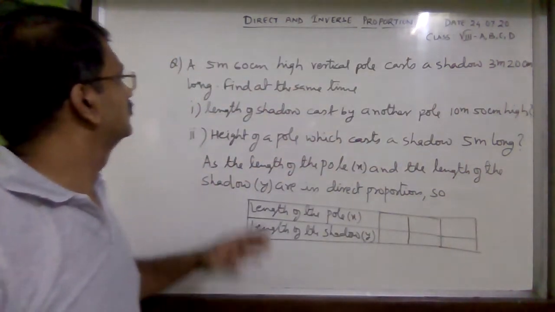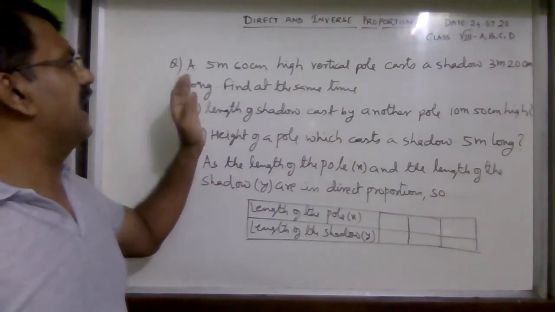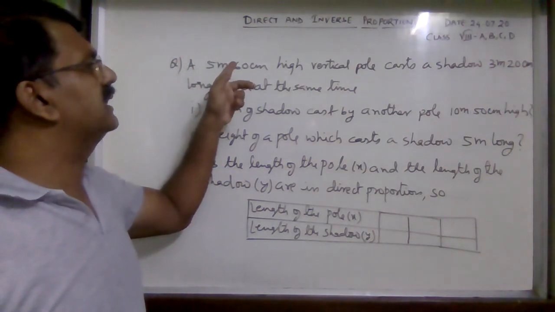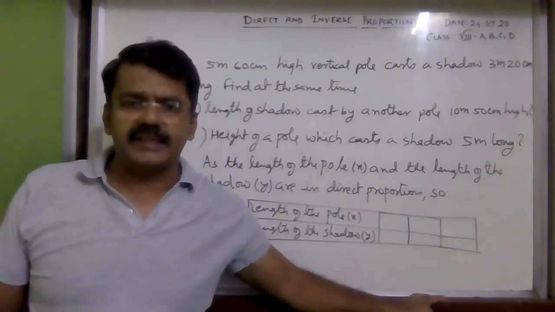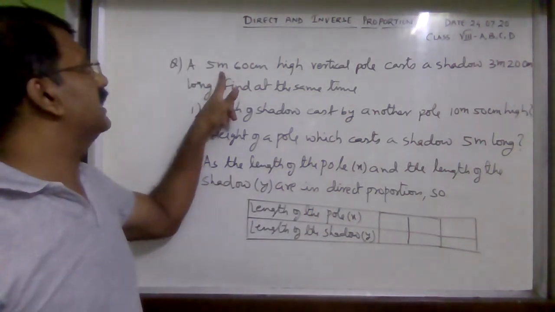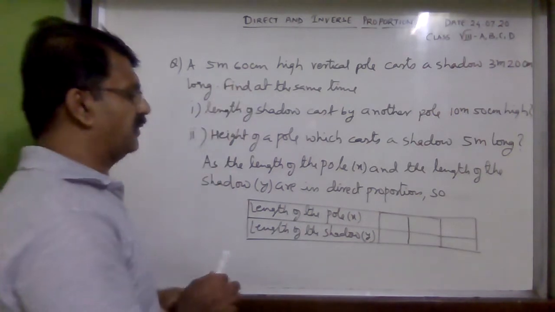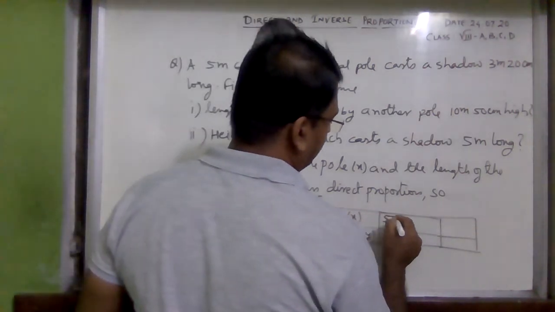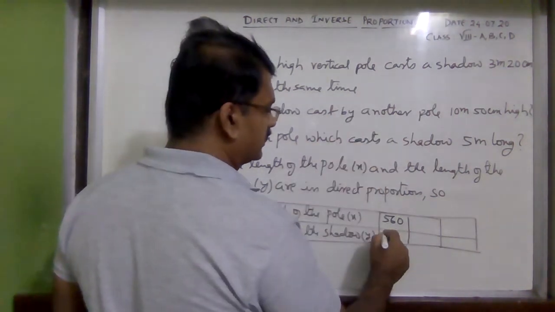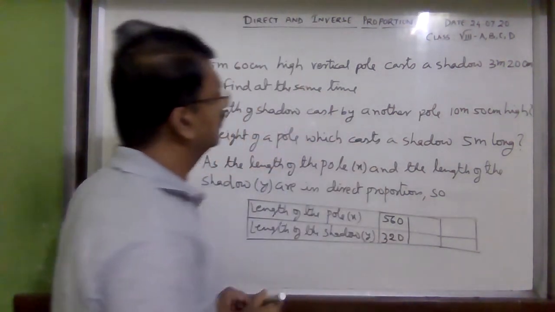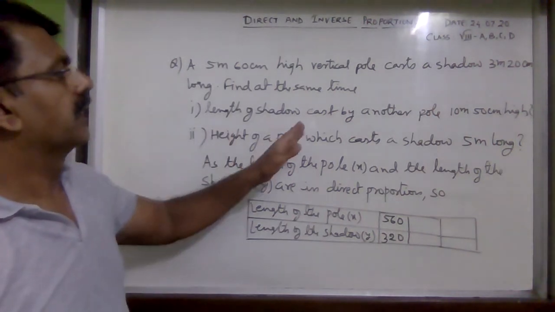Now you see, initially they have given the height of the vertical pole is 5 meter 60 centimeter. You convert the entire thing in centimeters. So 5 meter means 500 centimeter plus 60, so 560. You write 560 here. And the length of the shadow is 3 meter 20 centimeter, which means 320. You write 320 here. Now the first part.